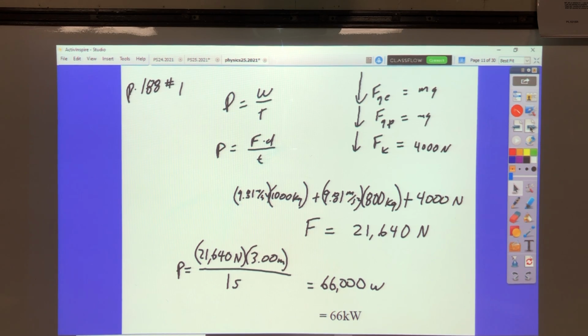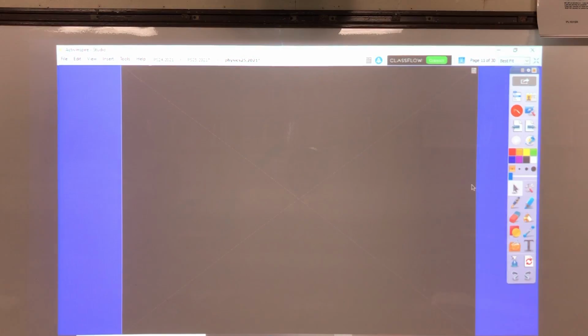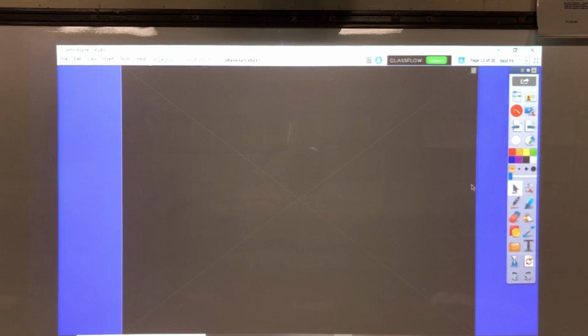Okay, let's go to page 188 and take a look at this first one, page 188. Starting the problems on power. And we've got time to do 1 or 2.